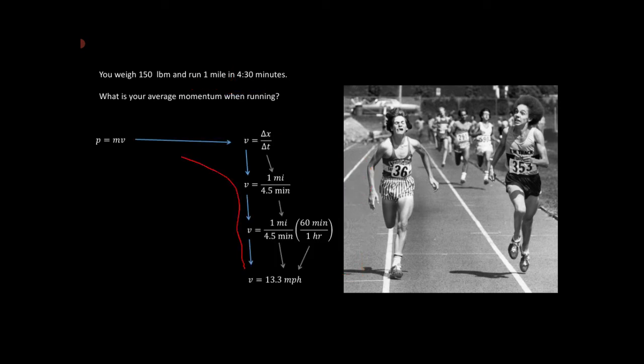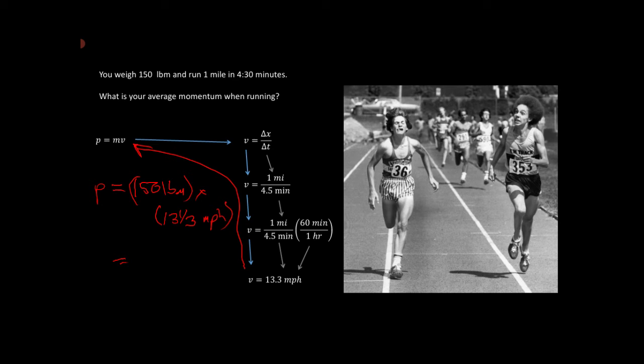Now we're going to take this velocity and put it back in here. So now our momentum is 150 pounds of mass times this 13 1/3 miles per hour. Okay, so this is something we have to actually look at.